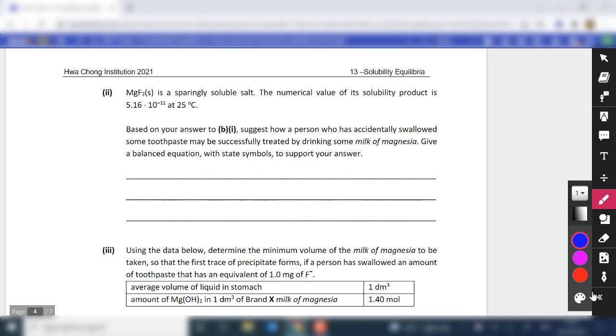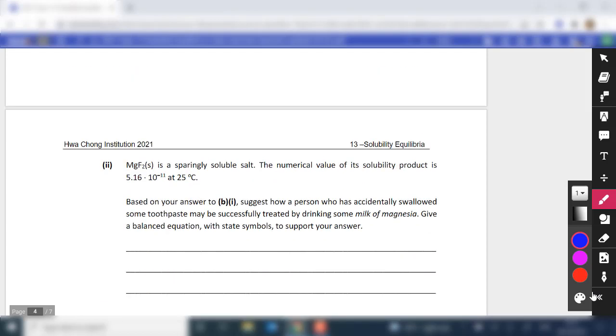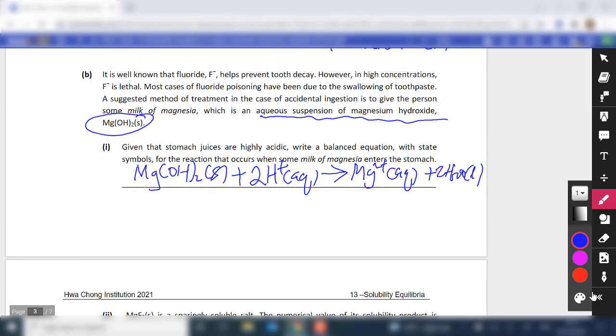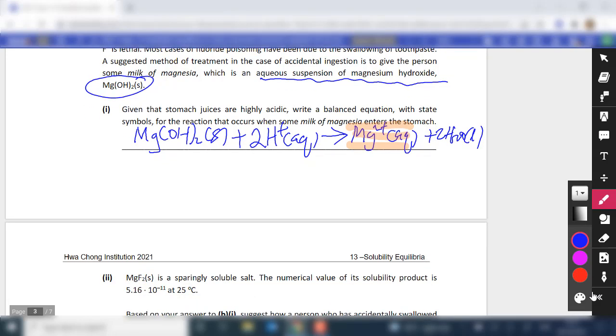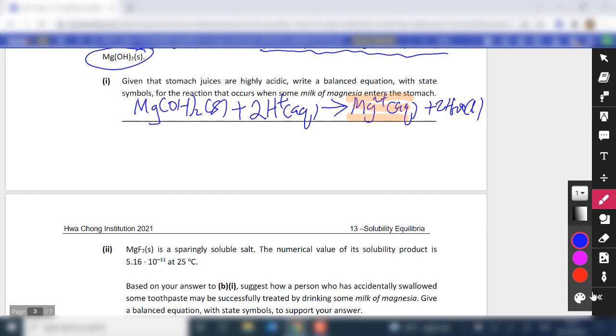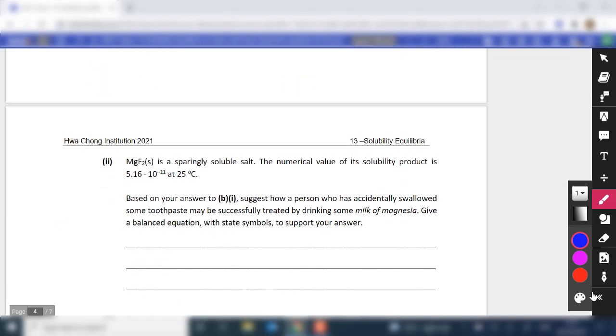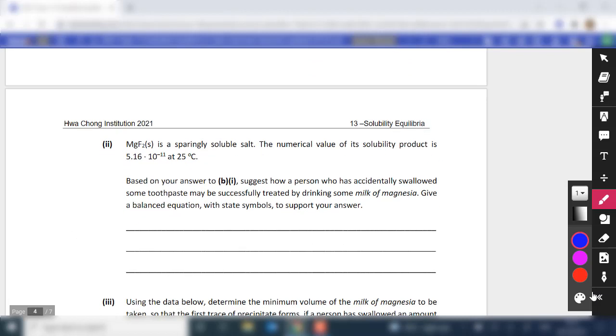In this case, you are expecting the acid-base neutralization between magnesium hydroxide and H+ to produce Mg2+. So when the Mg2+ is being produced, you expect the ionic product of magnesium fluoride to exceed its KSP. Because the ionic product exceeds the KSP, it will be precipitated out as the insoluble salt.